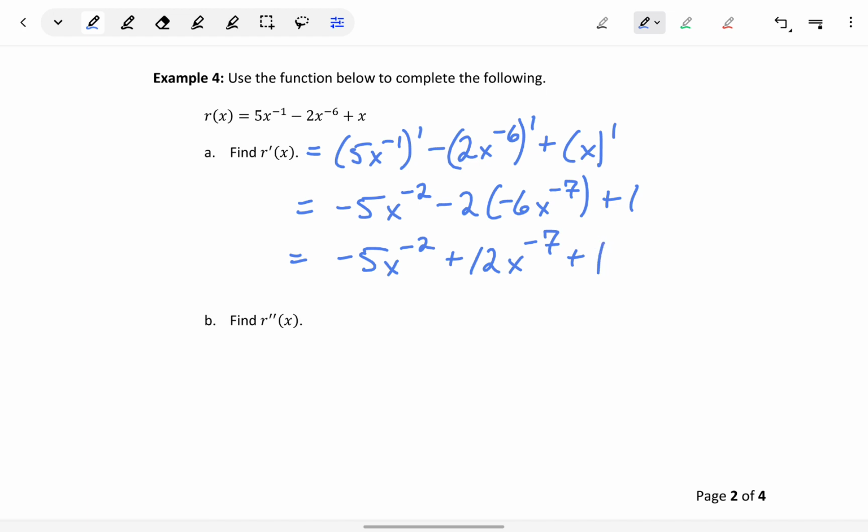Then to find r double prime, the second derivative of r of x, we'll differentiate the first derivative term by term.